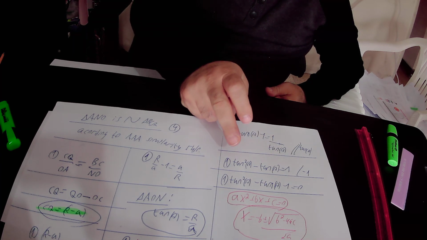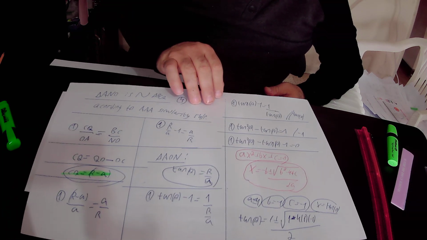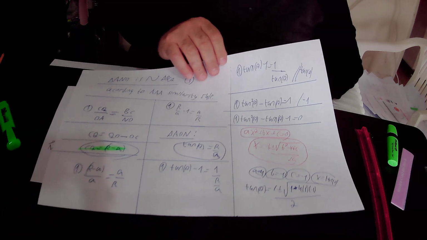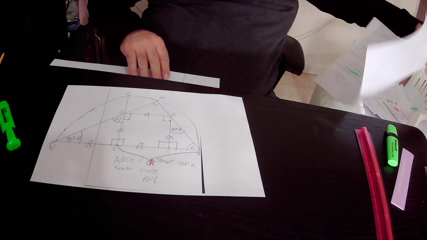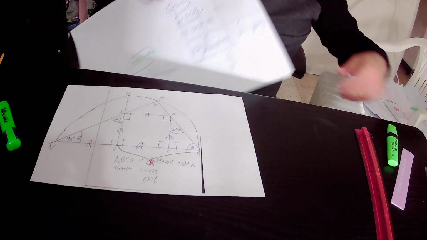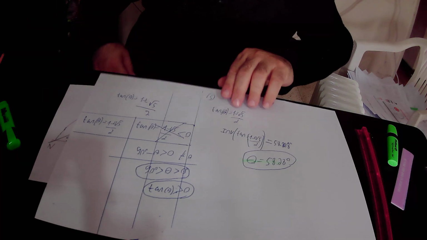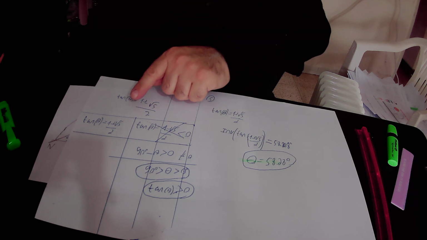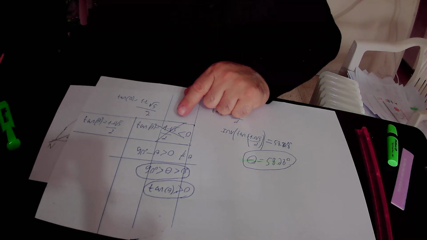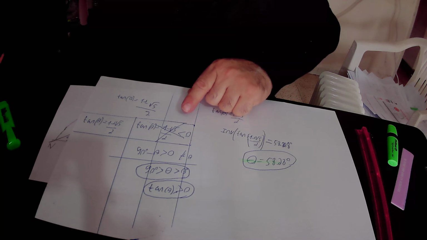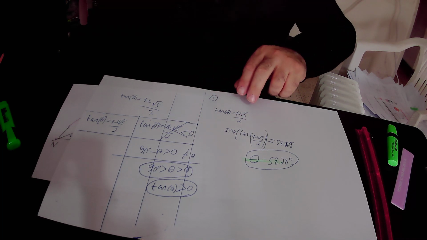We solved this quadratic equation and we got two answers. The first answer is that tangent theta equals 1 plus square root of 5 over 2, and the second answer is that tangent theta equals 1 minus square root of 5 over 2, that is a negative number.